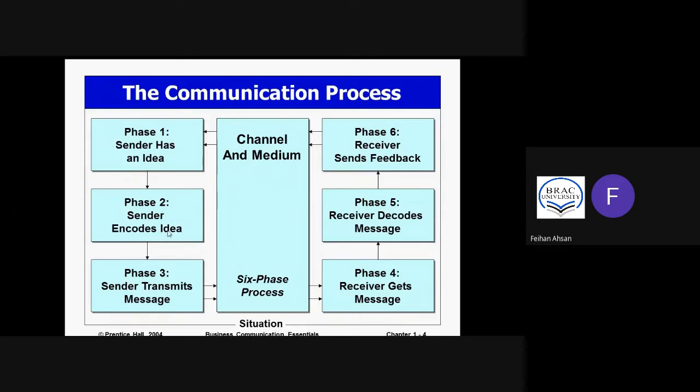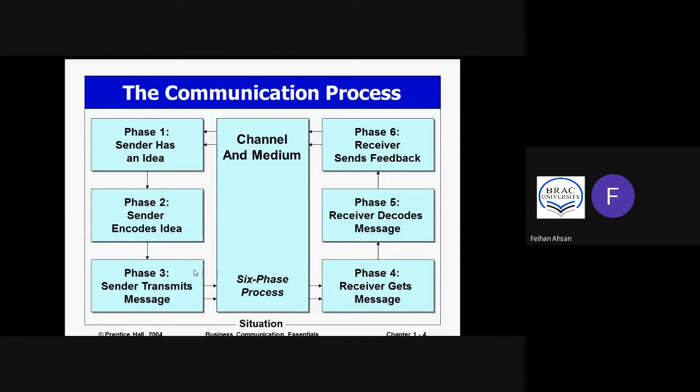Then in phase 2, I have to encode the idea. And that encoding can be done in a number of methods. If it's an email, my encoding would be typing it in my email software. If it's a letter, it would be writing it with a pen manually.